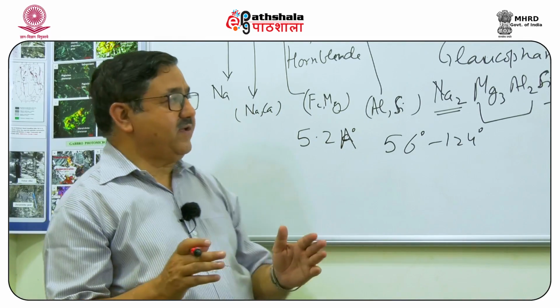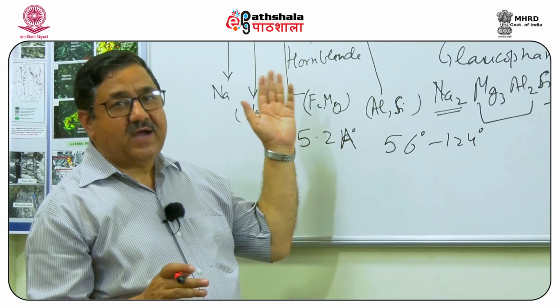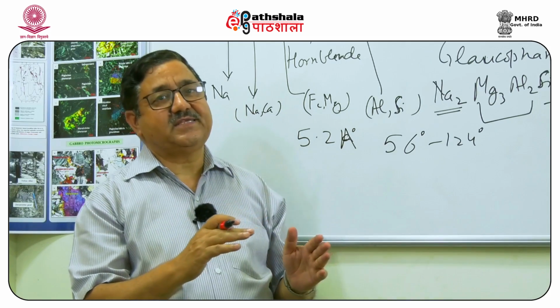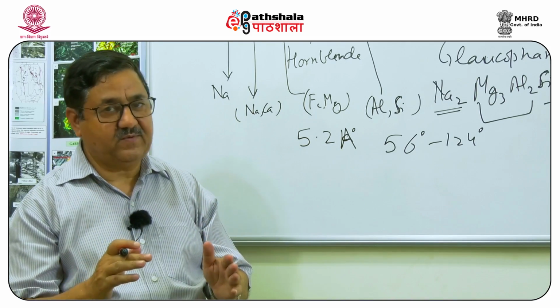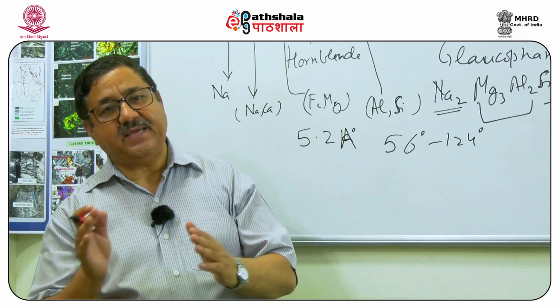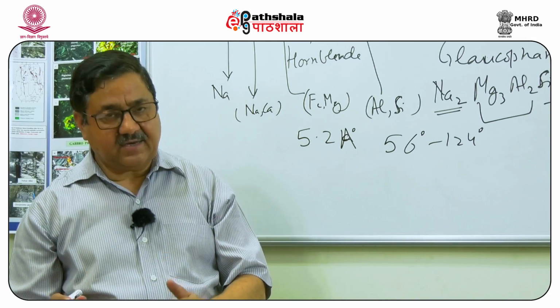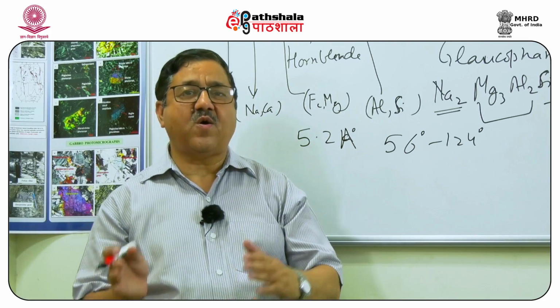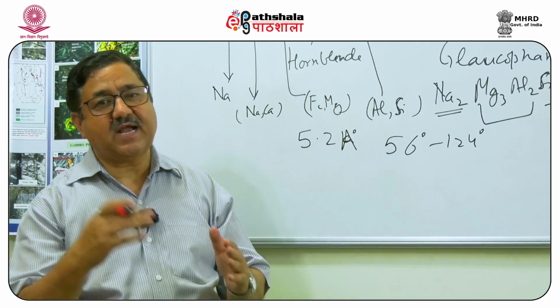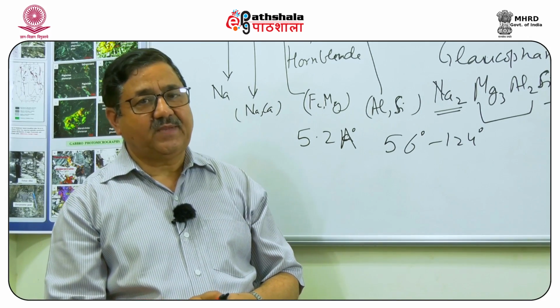The orthorhombic amphiboles were the ones which we first described, that is anthophyllite represents an orthorhombic amphibole. Some of the amphiboles with similar composition can crystallize in monoclinic system or in orthorhombic system. So, it depends upon the condition under which they are forming.